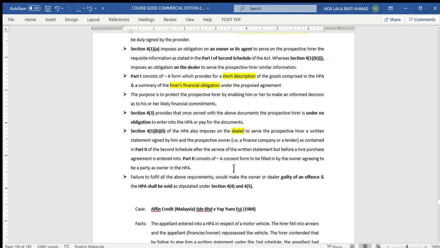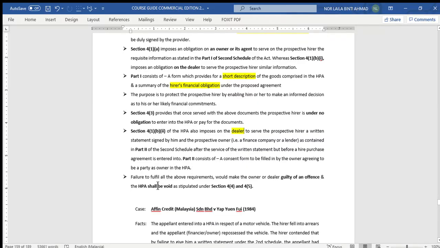When the owner receives a consent form, the owner will sign it and return it to the dealer, and the dealer will serve it to the prospective hirer, to show that the owner agreed to give the loan to the hirer.